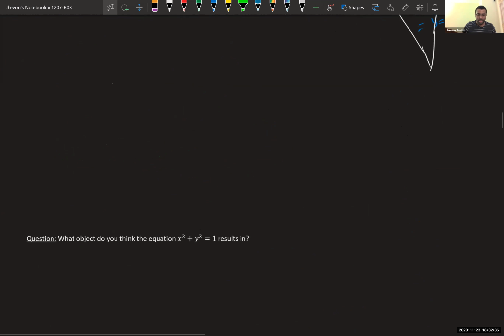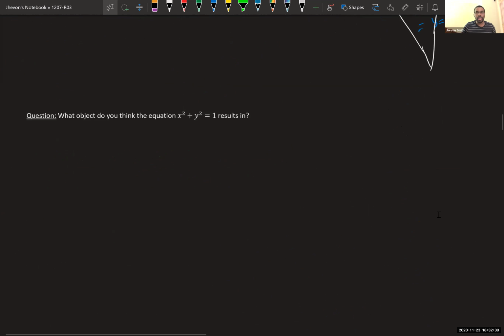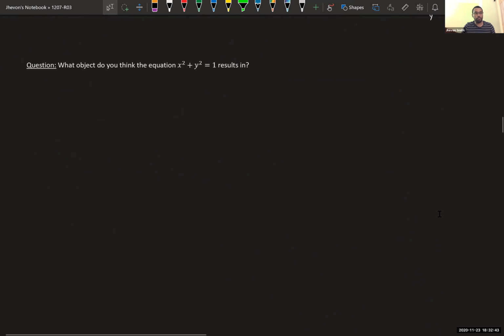So in light of all that, what do you think this is? x squared plus y squared equals 1. I bet it's a sphere. I think it's a cylinder. Cylinder. Right, so yes, as we've all thought, x squared plus y squared equals 1 has always been a circle of radius 1.